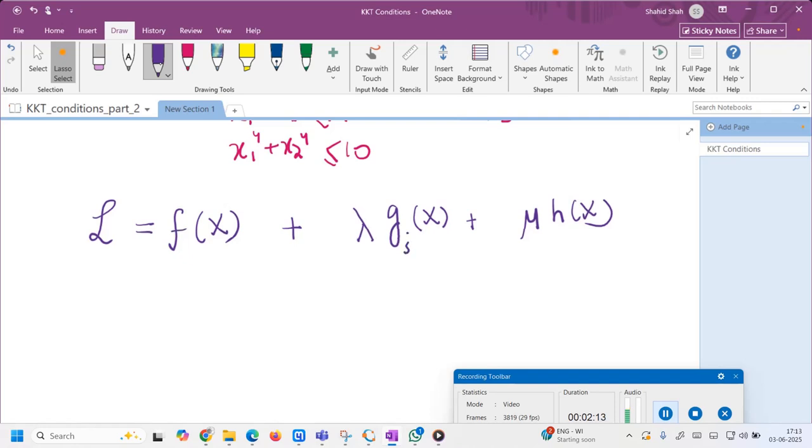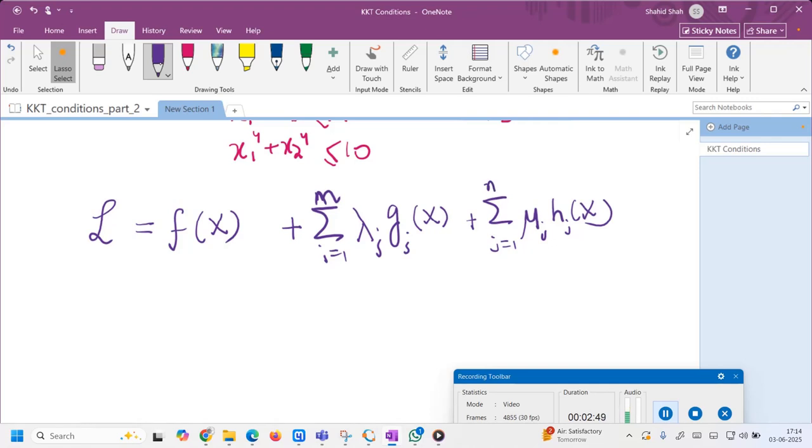For each equality constraint g_i of x, we will use a separate Lagrange multiplier lambda_i, so here will be the summation i equal to 1 to m. Similarly, for each inequality constraint h_j of x, we will have a separate Lagrange multiplier mu_j, and then the summation j equal to 1 to n. Sorry, for equality we have m, and for inequality we have n.